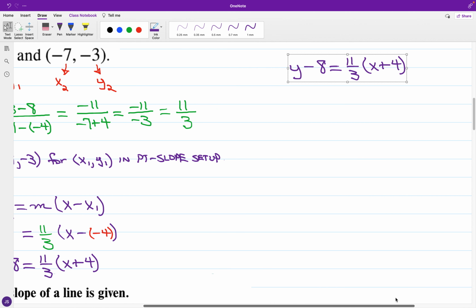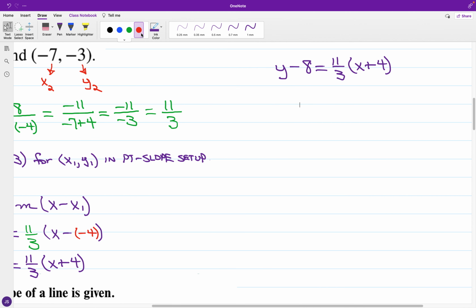Now I'm looking for the slope intercept equation. So we have y minus 8, and now distributing 11/3 over the quantity of x plus 4. Okay, so I have 11/3 of x plus 44/3.